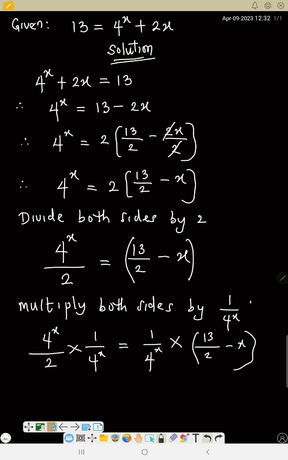So I'm multiplying both sides by 1 over 4 raised to power s. So 4 raised to power s will cancel out. So I will now have 1 over 2 equals 1 over 4 raised to power s bracket 13 over 2 minus s. So you can get it this way.